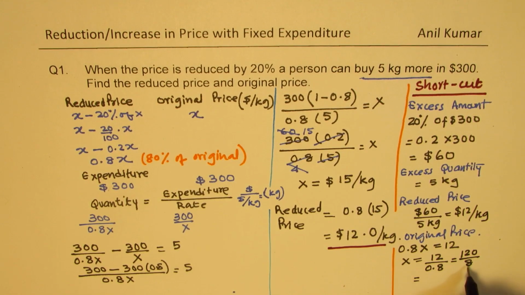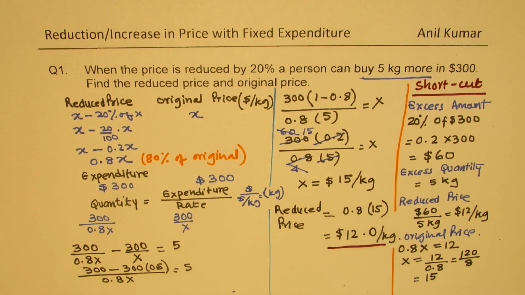So when you do that, we get the original price as $15 per kg. Do you see that part?